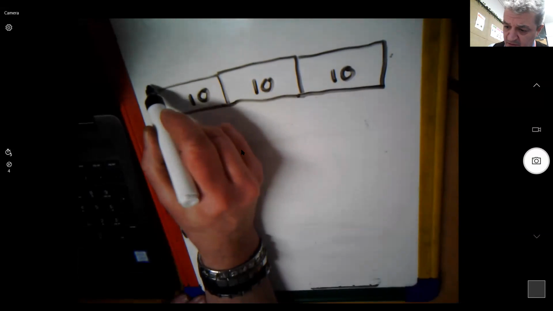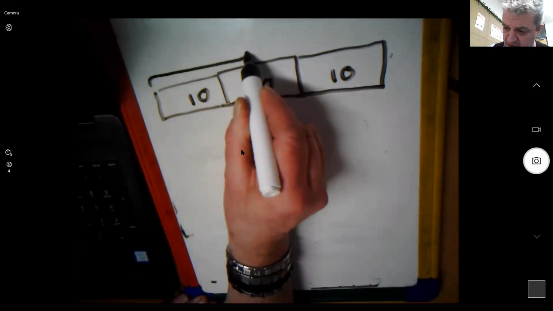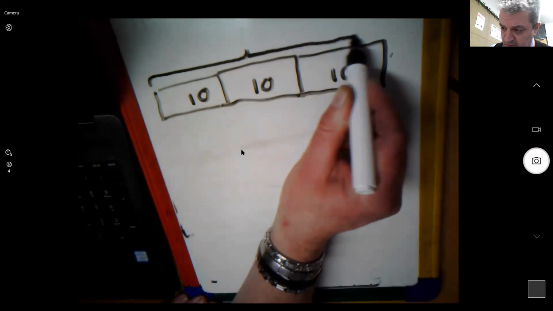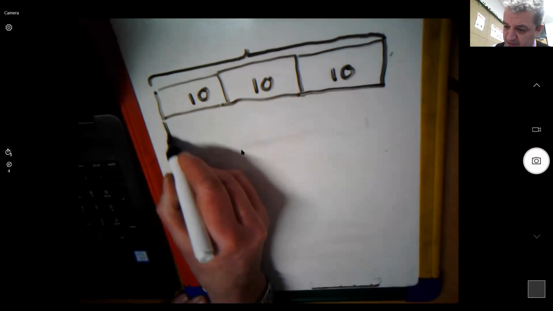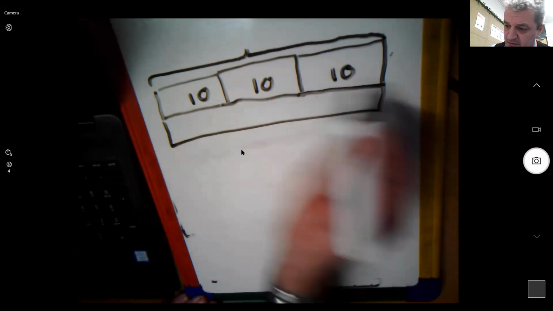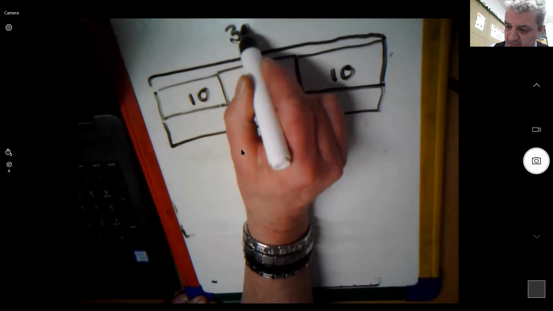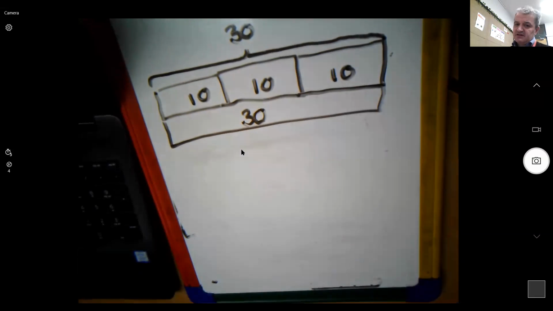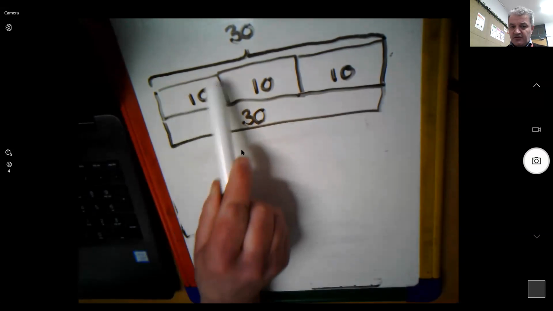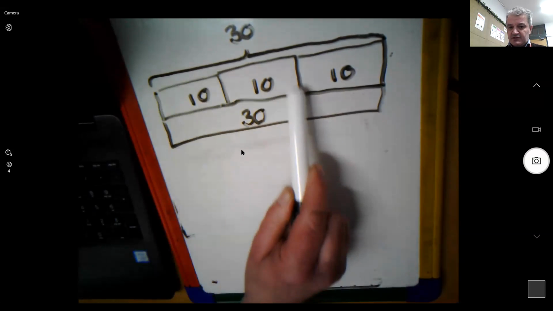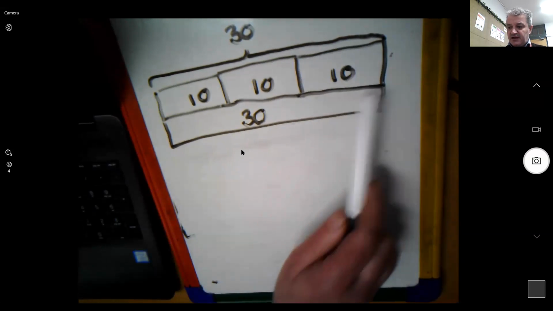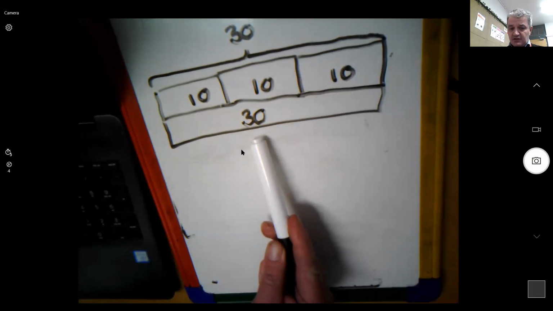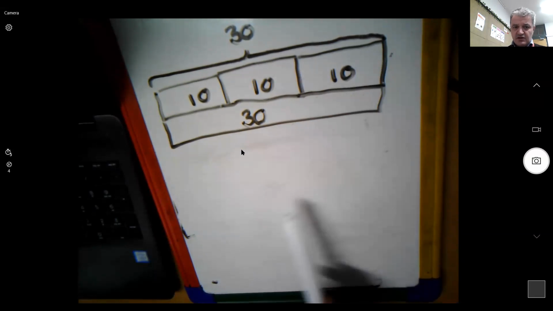I can write it as 30. It's a representation of what the question is asking. 3 bunches or 3 groups of 10 flowers. The whole thing, how many flowers in total, is 30. Straightforward.